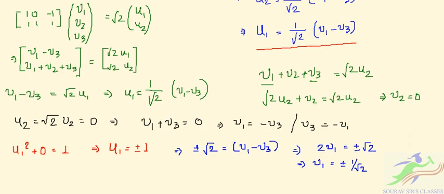Now we have to calculate the value that is given. So we have to calculate the mod of U1 plus 2 root 2 V1, mod. Okay. So here we will just put the values.